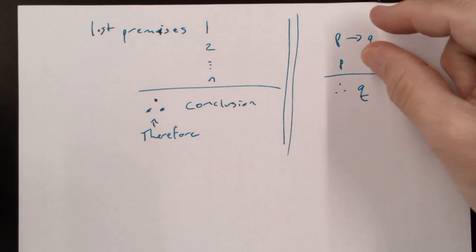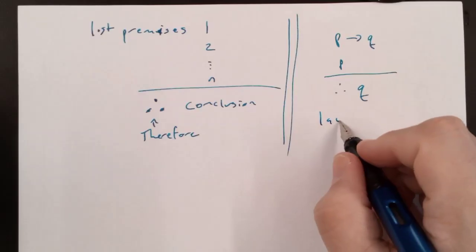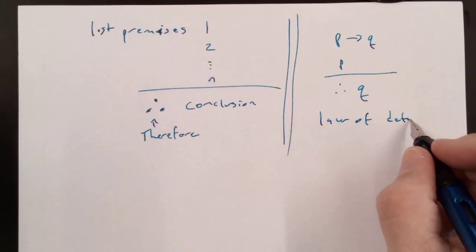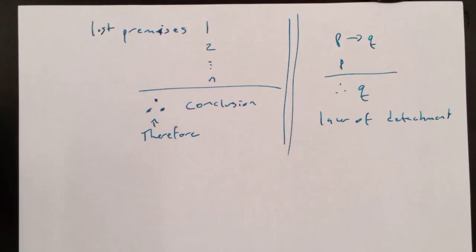It's kind of like we tuck it off the arrow and put it down here. So in a very real sense, this is referred to as the law of detachment. We've detached our Q from the arrow.